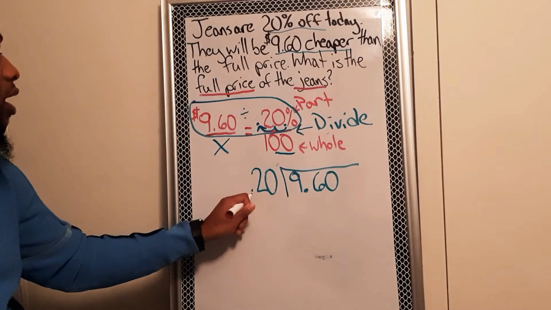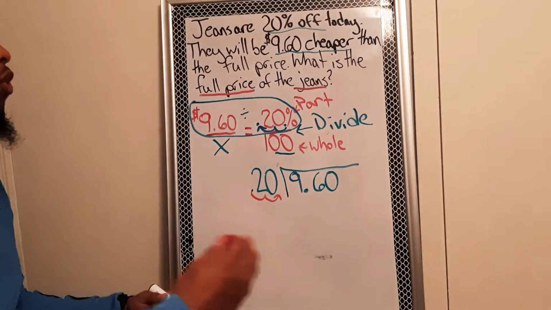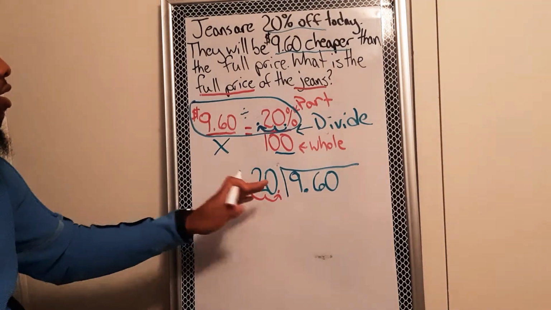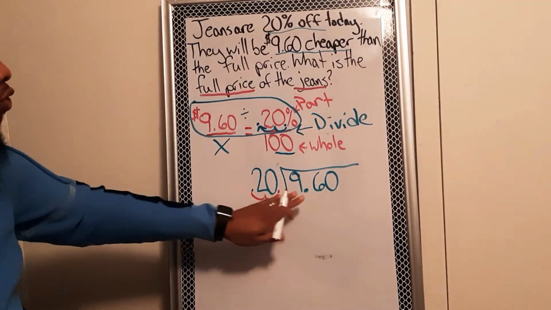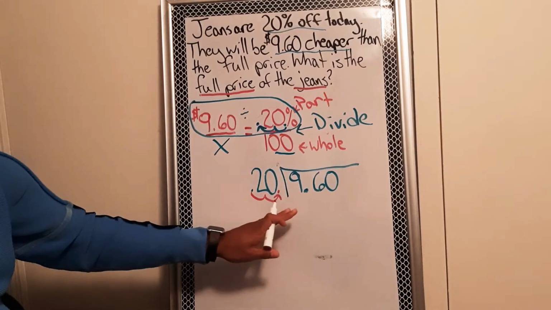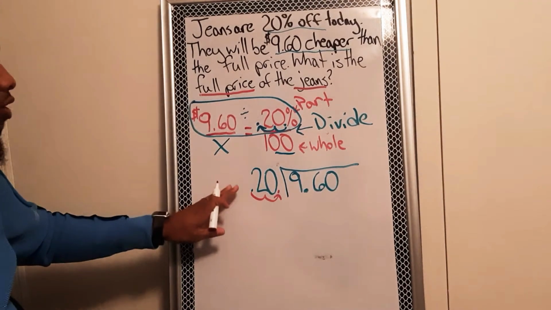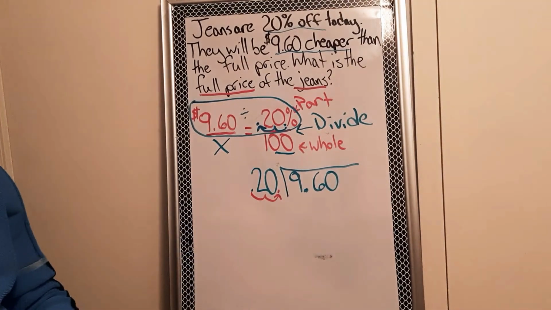In this case, I'm going to have to move it 2 places to the right. So that will put it to the right of the ones place, making this number 20. But what I do outside the house, I also must do inside the house. If I move the decimal 1 place outside the house, I need to move it 1 place inside the house. If I moved it 2 places outside, I must also move it 2 places inside the house.